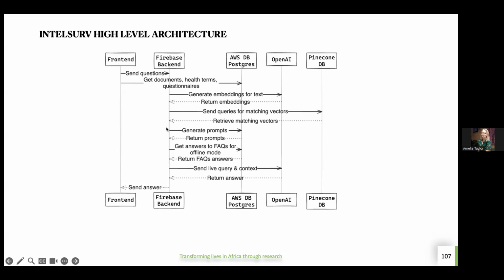Or you can also look at the type of question that's being asked and generate some prompts. So you can see here, this user is asking about, let's say, symptoms. Then you might want to send an instruction to the large language model to generate some kind of answer that is looking for symptoms and not something else.